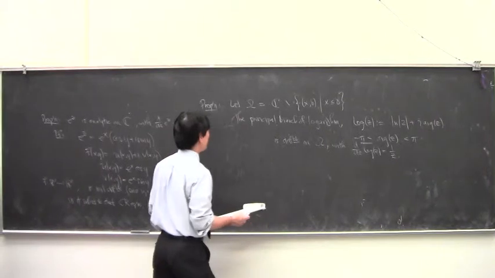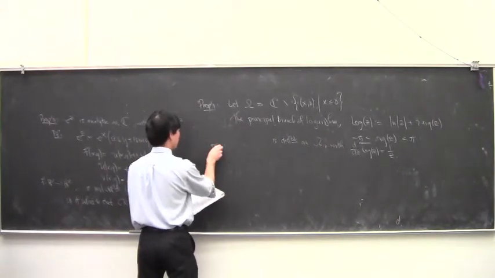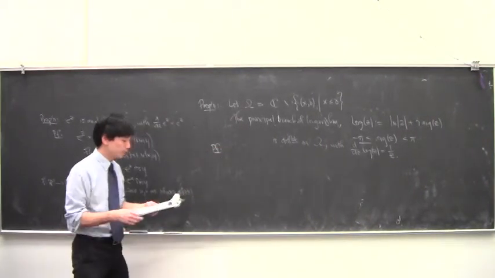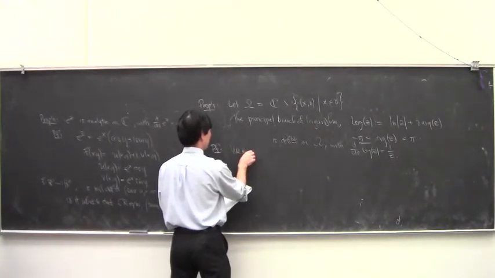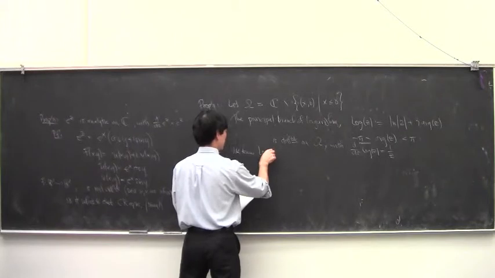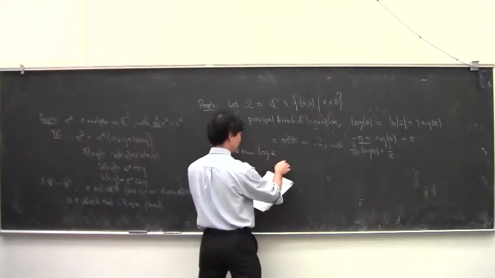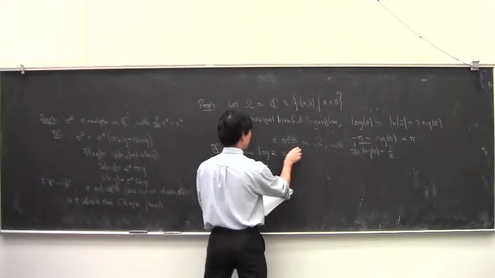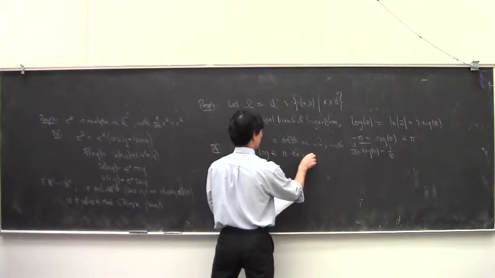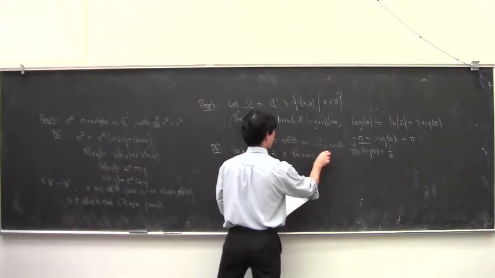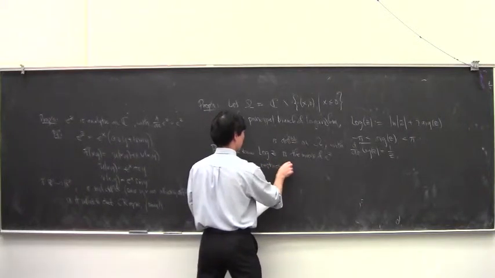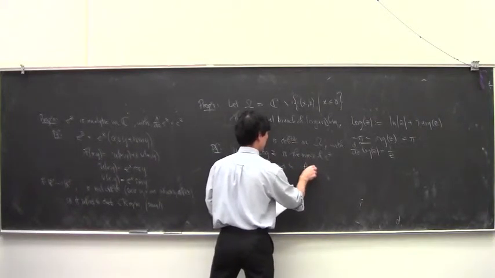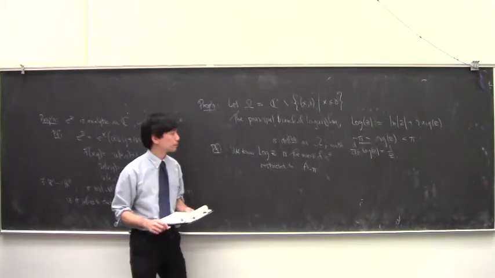Okay. So here's the proof of this. We know the principal branch of the log is the inverse of the exponential function restricted to that strip.